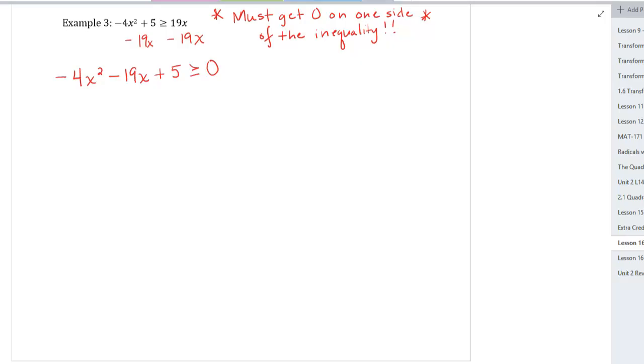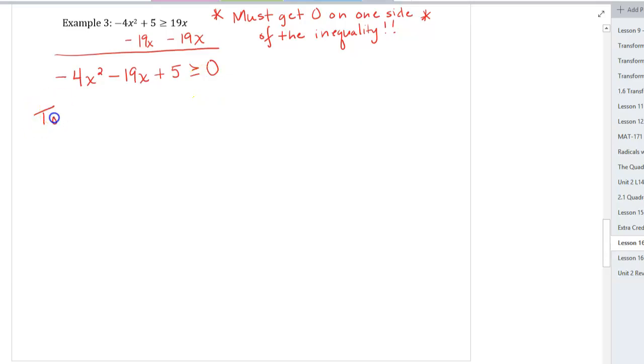Now remember that the solutions to a quadratic inequality are more than likely going to be an interval or the combination of intervals. So what we need to do is find the boundary numbers for those intervals, and the boundary numbers are going to be where this inequality is actually equal to 0.